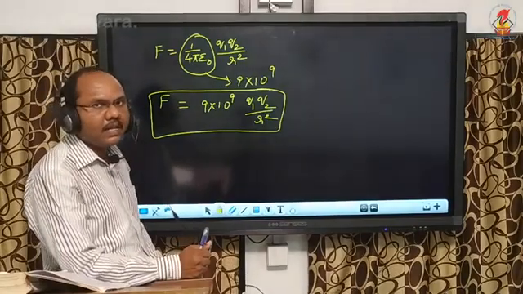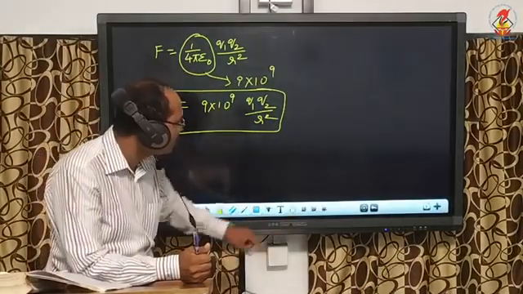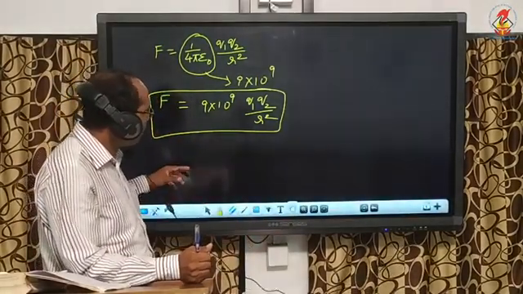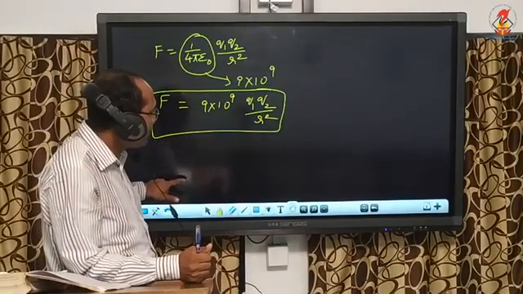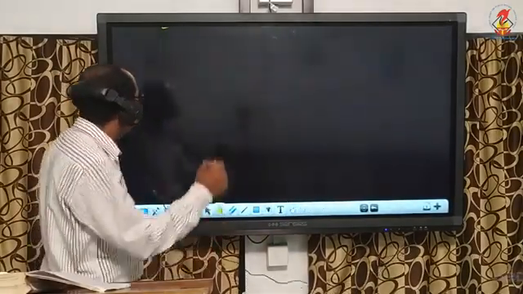Now, let us see the relationship between the force on 2 charges, one when they are placed in vacuum and two when they are placed in the medium. As I said earlier, F in vacuum is written as 1 by 4 pi epsilon 0 q1 q2 by r square.